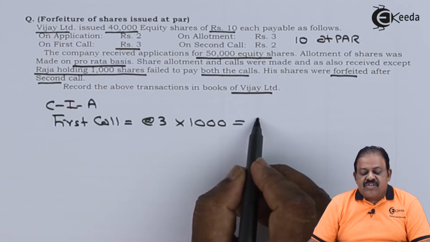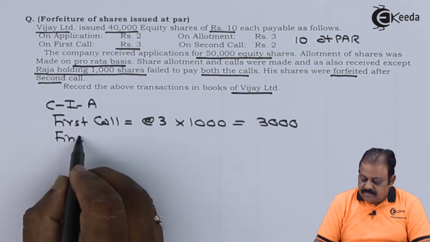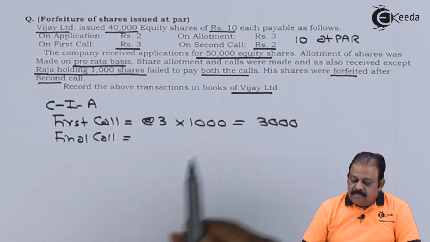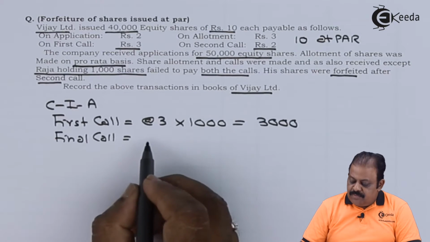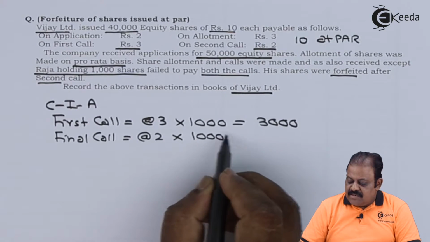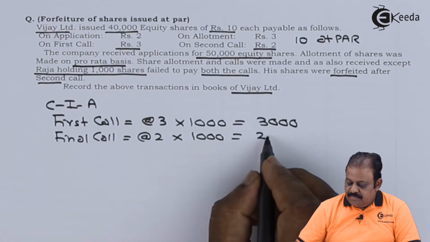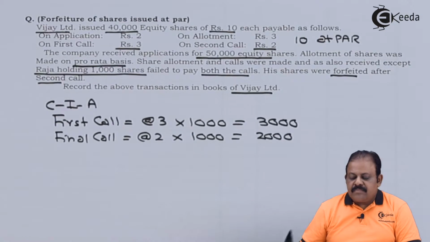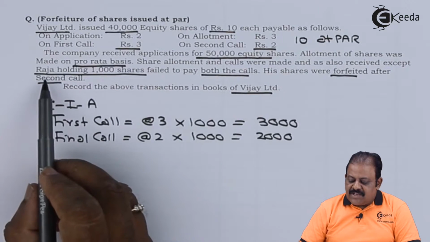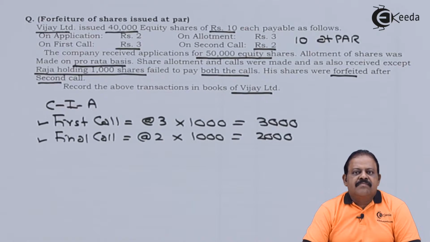So at the time of first call, calls in arrears are 3,000. At the time of final call, 2 rupees are due. On his 1,000 shares, he didn't pay 2,000. These are the amounts of calls in arrears of Mr. Raja at the time of first call and at the time of final call.